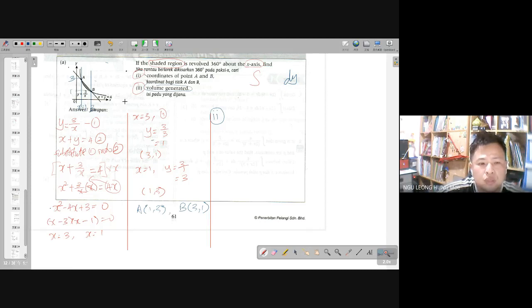If you want about the x-axis, this is under dx. So I think this one should be under dx. So the integration is pi, between the two values a and b, of y squared dx.